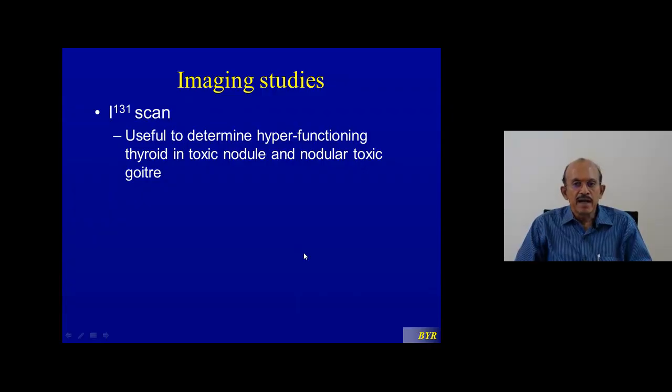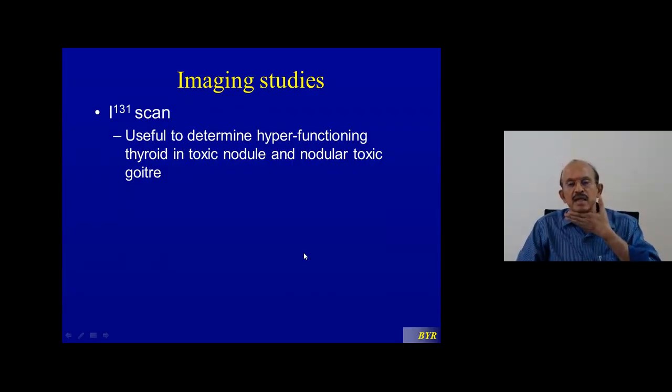When you give iodine to a person, I have already told you that iodine is absorbed by two structures: one is the kidney, the other is the thyroid gland. So when you give an iodine isotope, that means I-131, which is emitting gamma rays or X-rays, it is absorbed by the thyroid gland.